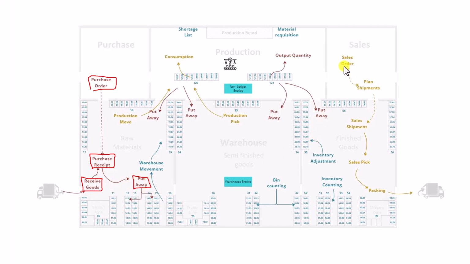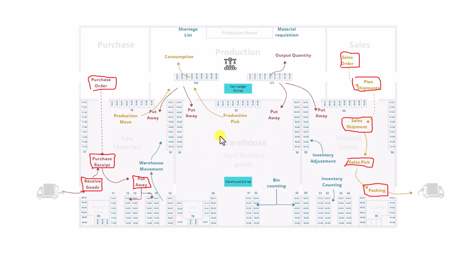On the sales side, a sales order gives us the ability to plan shipping. We then create from there sales shipments. From a sales shipment, we create picks. And from picks, we pack and post. So at that point, it goes and completes the shipment and sends an invoice.